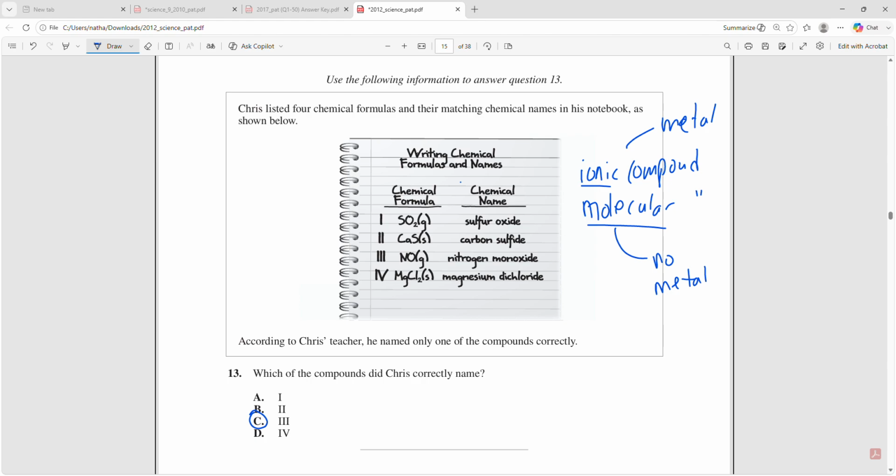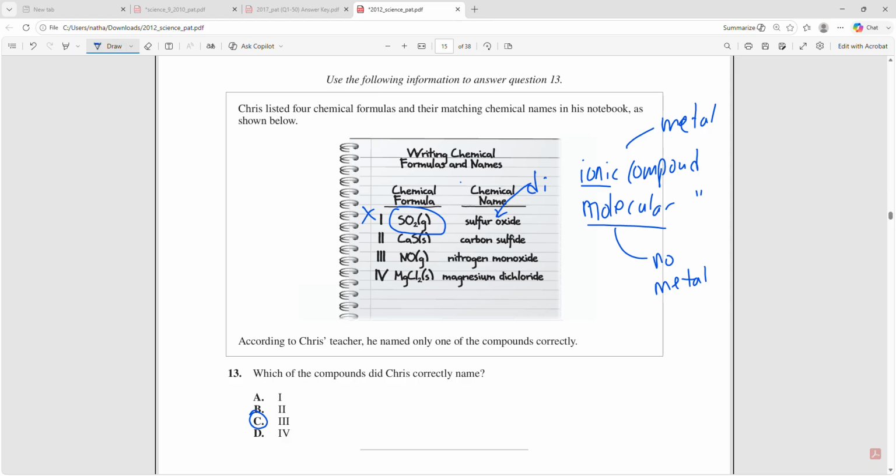Okay, SO2, sulfur, oxygen, not metals. If you're not sure, you could check your periodic table. But when we have a molecular compound, which this is, because we can see that it has no metal, we name our compound with those prefixes like di. So this should be sulfur dioxide. Okay, so that's named incorrectly.